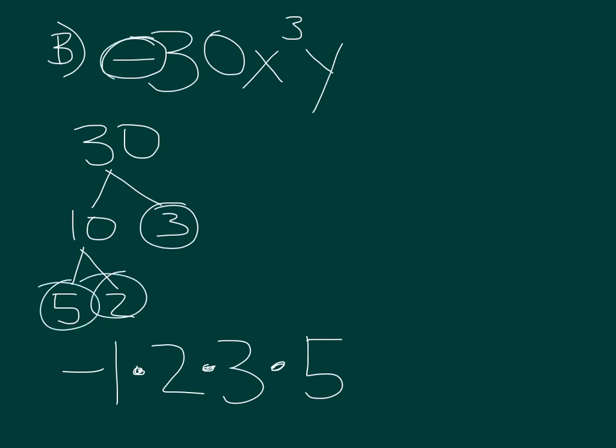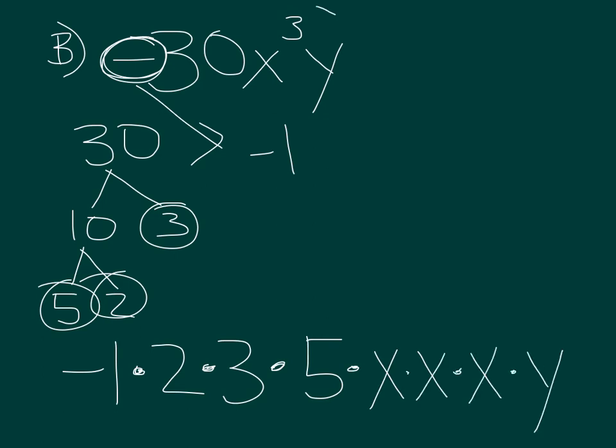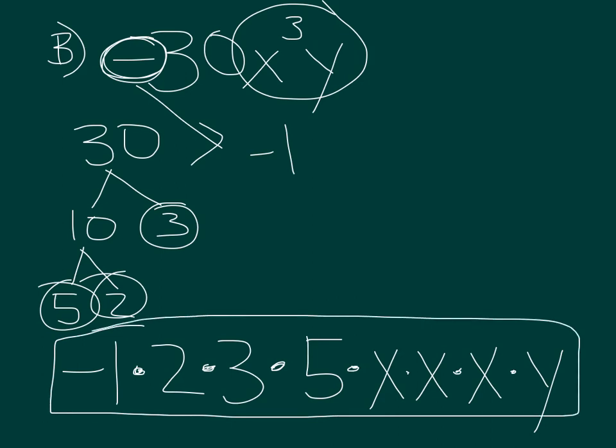And we also have the negative. So we got -1. And then times x times x times x times y. Because when you take x to the third times y, you get x, x, x, and y. So this is our answer down here at the bottom. That's called factoring a monomial.